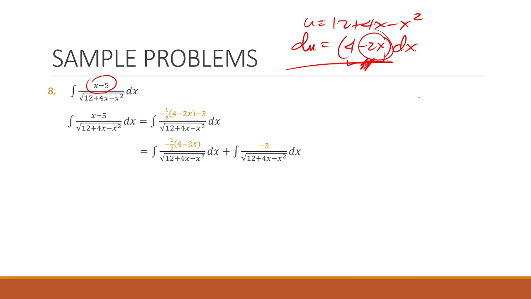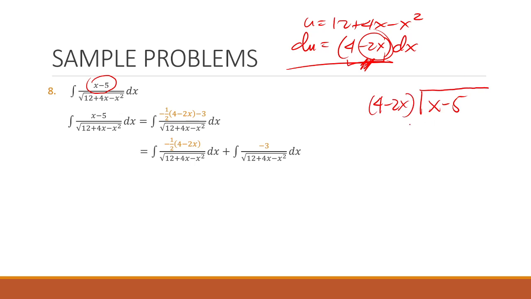Sige. So, again, initially we have x minus 5. Our goal is to convert x minus 5 into its equivalent expression that contains 4 minus 2x para magamit natin for u sub. Okay? So what we can do is take x minus 5, isolate x minus 5, divide this by the expression that we need, itong 4 minus 2x.